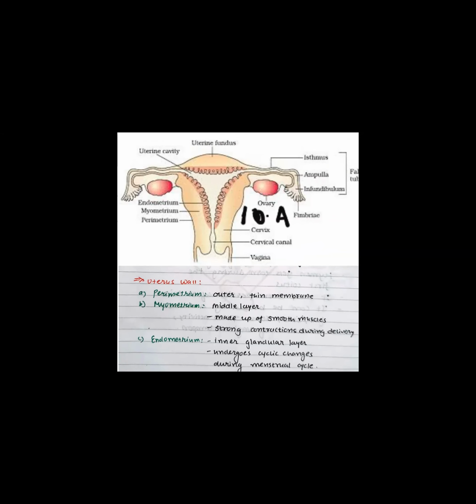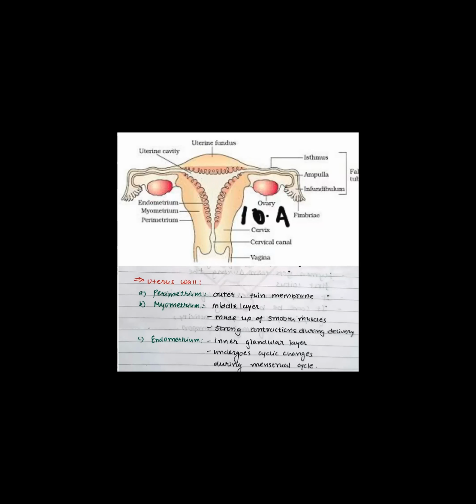Every 28 days, a female completes a cycle which is called as menstrual cycle. If there is no pregnancy, then the thickened wall of the uterus is sloughed off, which is called as menstruation. So every 28 days, the cycle gets repeated.